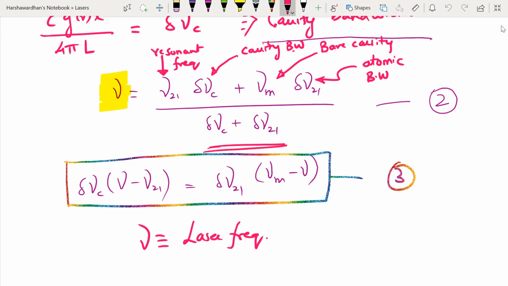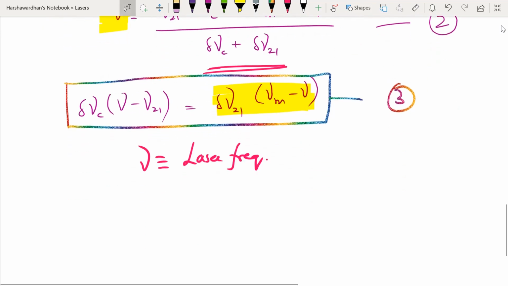In that situation, the right hand side of this equation would be positive, right? Because nu is smaller than nu_m. Clearly, that would mean that for the left hand side to be positive, nu has to be larger than nu_21. That is, there is a competition between atomic frequency and the bare cavity frequency. And the actual laser frequency, which actually oscillates, is being pulled on either side by the resonant frequency of the atom and the bare cavity frequency of the cavity.